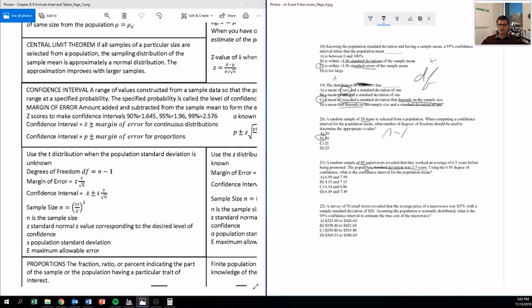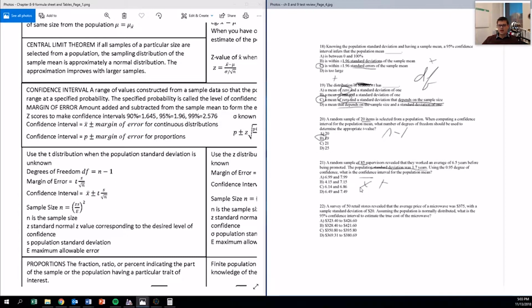Okay, so what we're calculating is the confidence interval. We have the population standard deviation, so we have a z statistic. So the formula for the confidence interval is x bar plus or minus z times the standard deviation over the square root of n.